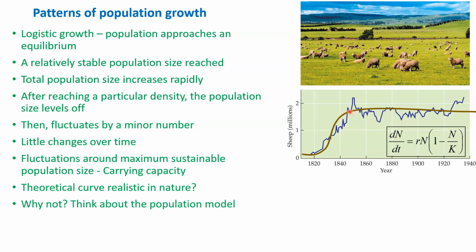Remember that it's not only density dependent factors that can influence the population size. Density independent factors, those environmental factors, can also drive population changes. It's just that they don't regulate the overall population size, but those density independent factors can result in those weird fluctuations that you see in that particular graph.